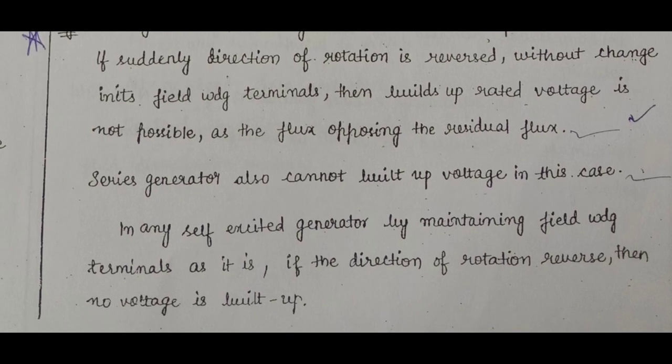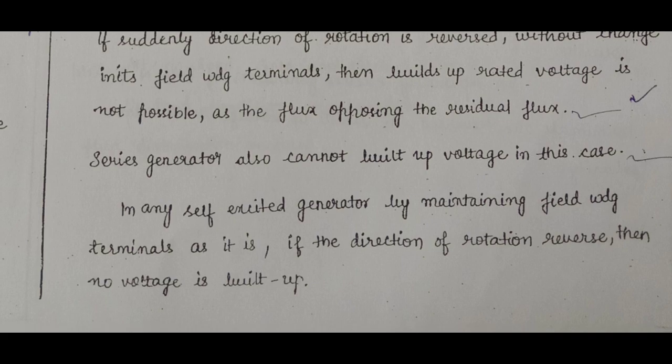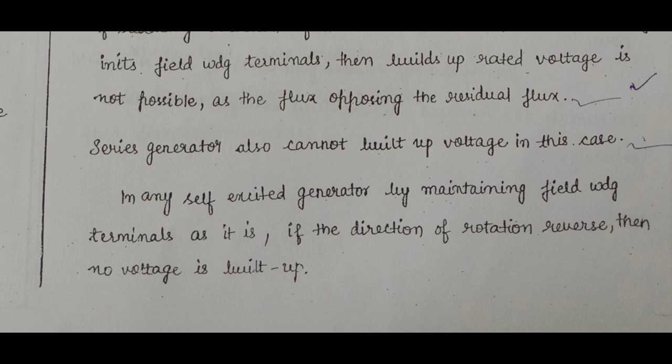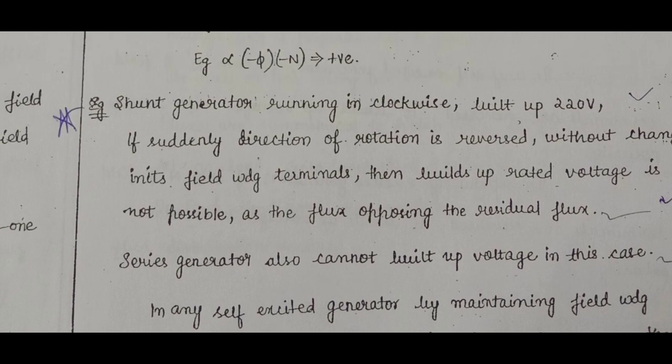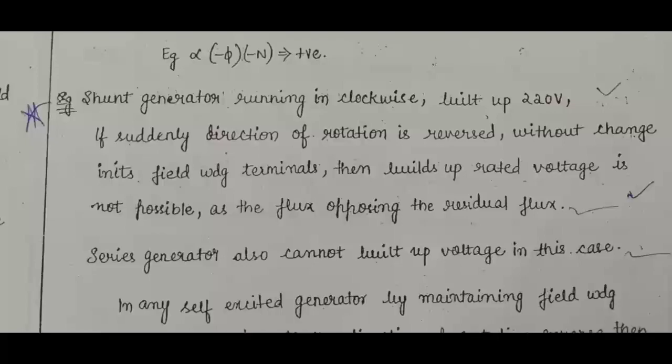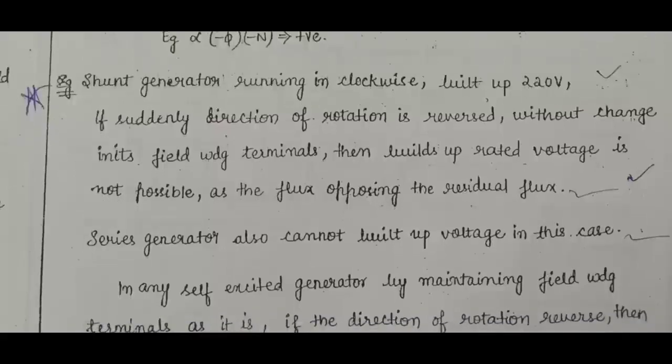If suddenly the direction of rotation is reversed without changing its field winding terminals, then building up the rated voltage is not possible, as the flux opposes the residual flux.